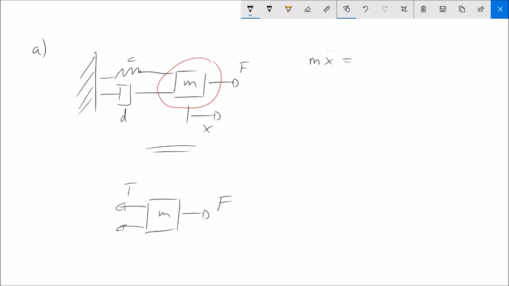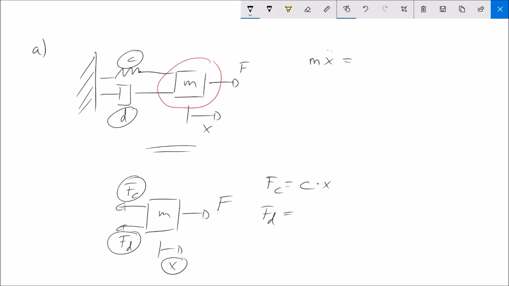Both forces we can define dependent on the constants of the spring and of the damper and the parameter X. So we get Fc is equal to C multiplied by X, and Fd is equal to D multiplied by X dot.